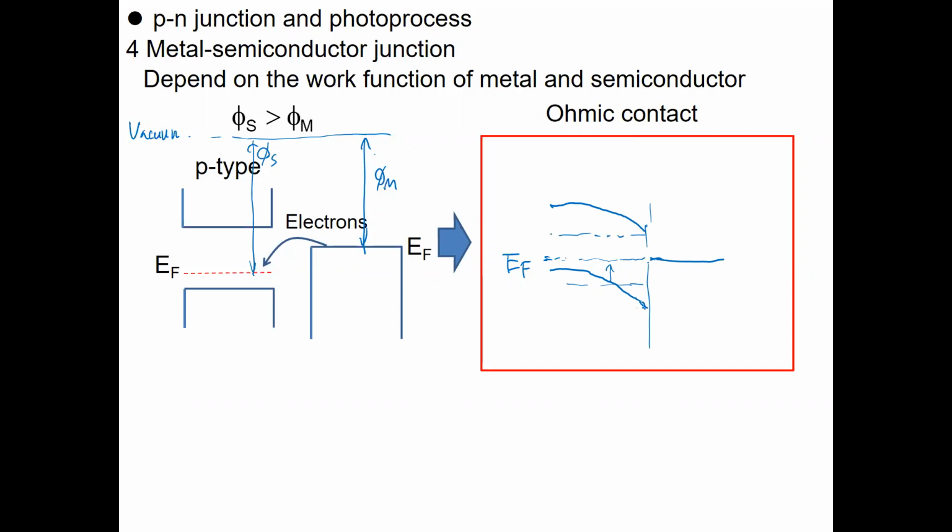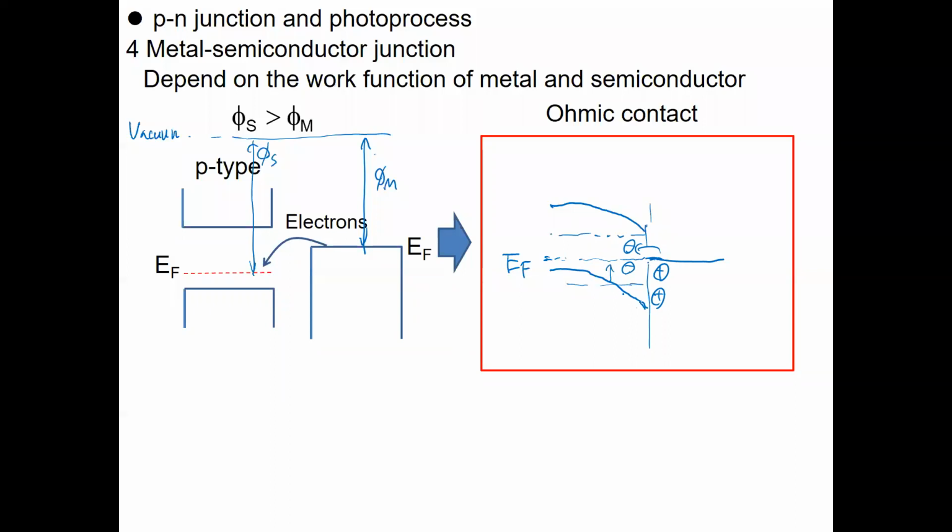And on the metal side, since electrons are transferred, the surface becomes positive, and the electron is accepted by the acceptor state. So the p-type side is accepting electrons. That's why the surface becomes negative.